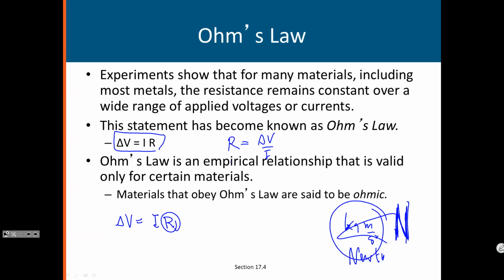Experiments show that for many materials, including most metals, the resistance remains constant over a wide range of applied voltage or current. So now this statement has become Ohm's law. Ohm's law is an empirical relationship that is valid only for certain materials. So I should not call it Ohm's law, but anyway, the name stays, so we have no choice. Any material that obeys Ohm's law, we call it ohmic material.